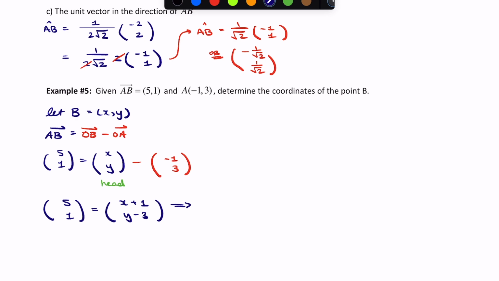So here we see if we calculate it, x plus 1 is equal to 5. Therefore, x is equal to 4. And y minus 3 is equal to 1. And therefore, y is equal to 4 as well. So therefore, coordinate B is 4 and 4.